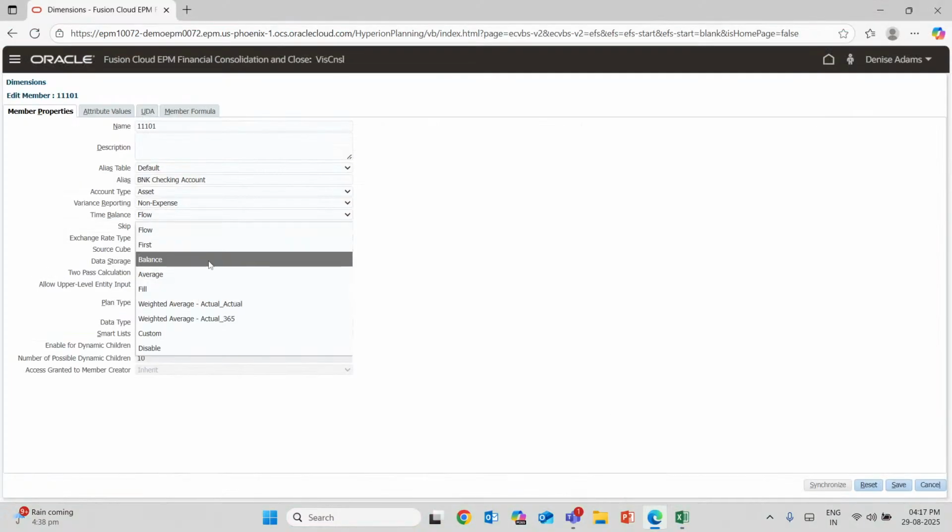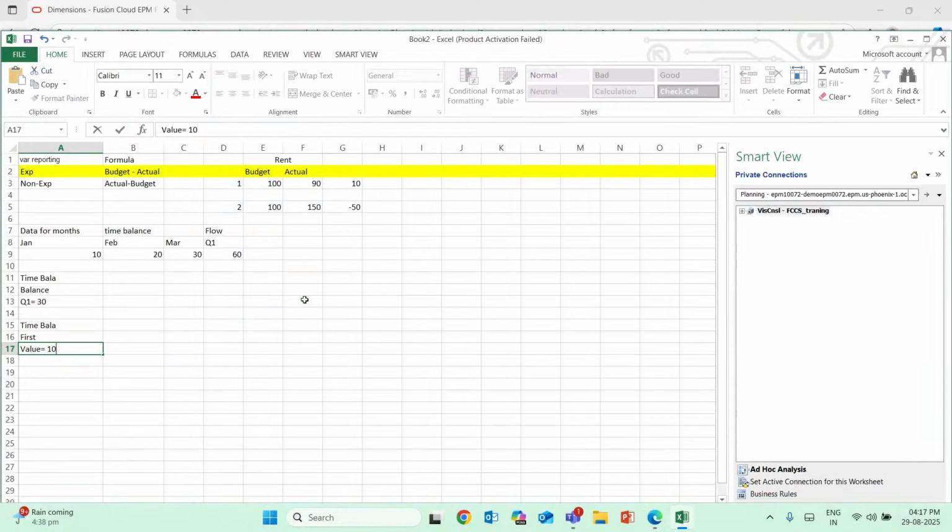Then we have average. Average is the simple sum divided by 2, so it will be averaging out the values. What is the formula for the average?